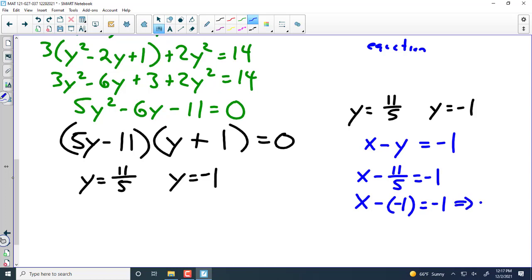This will give us x equals -2, and the other one will give us x equals 6/5. Gross.